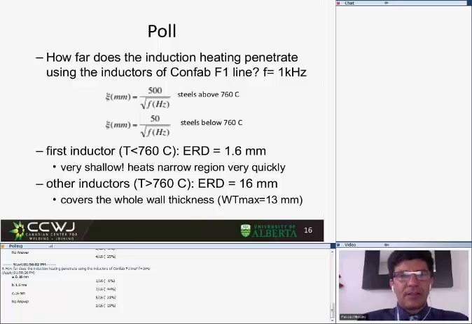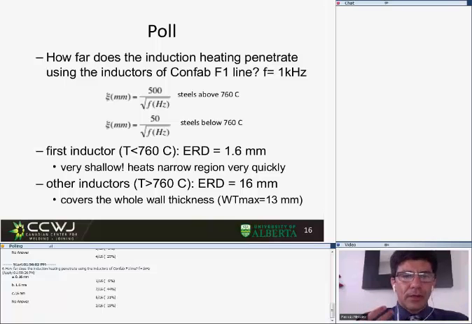If you assume I'm talking about the first inductor, the right response is B, because the first inductor is cold, the steel at the first inductor is cold, and the electrical reference depth is very small. If you are thinking about the last inductor, the one that gives us a peak temperature, by then we are in the austenitic regime.